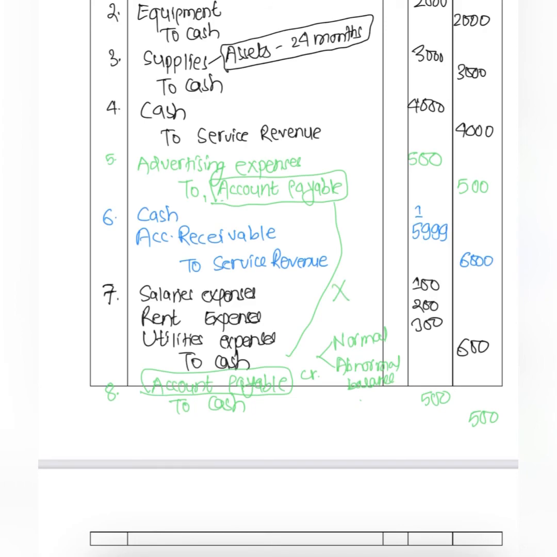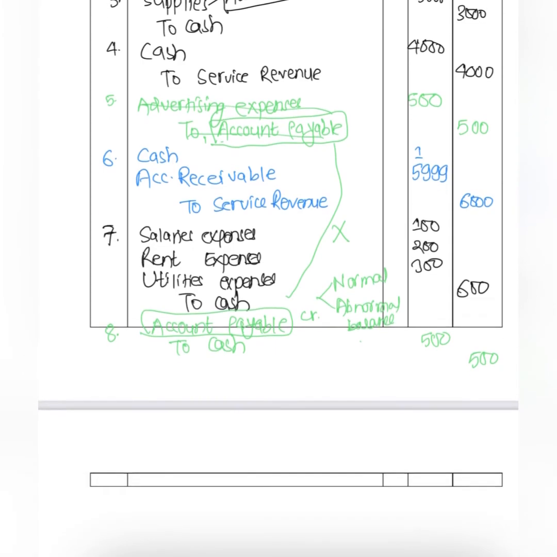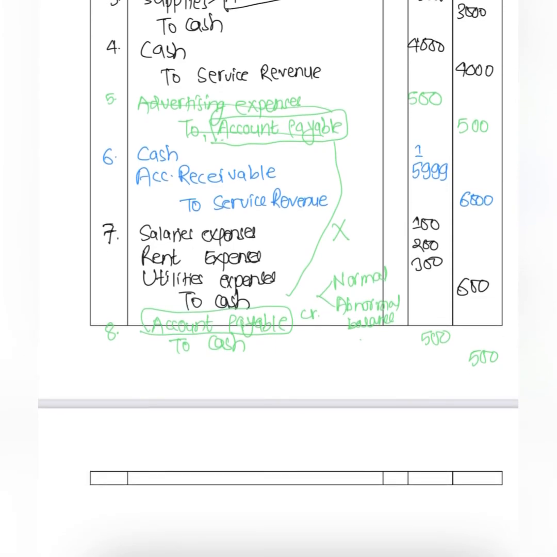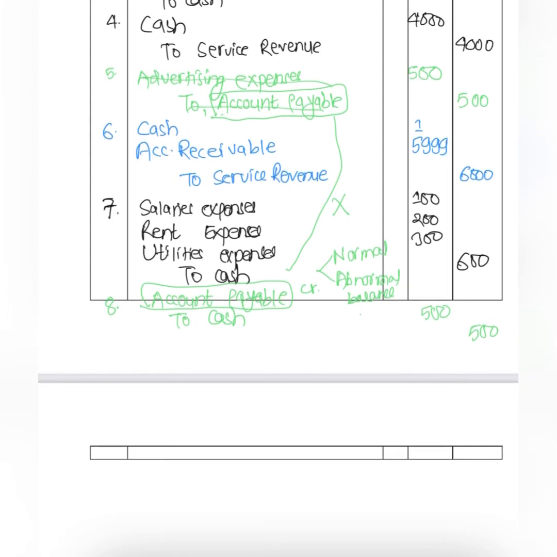But in accounting we cannot just erase or delete this. Why is that? Because accounting means recording, they leave the trace, you know, what is behind that, so we can trace it back. So we make it 0 by debit. If the account payable is credit, we debit it, make it 0, that's it.